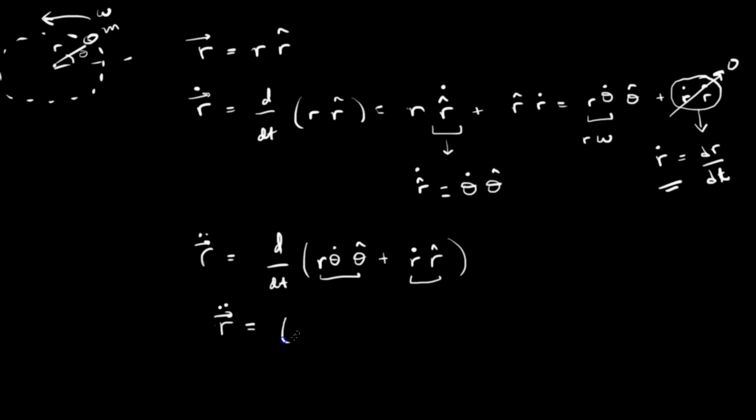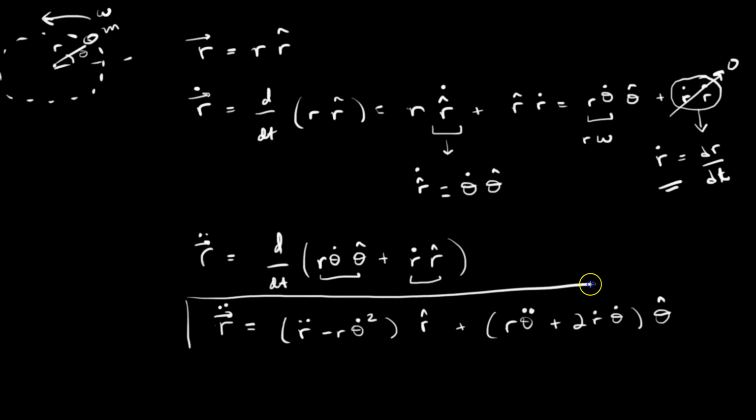We get r double dot minus r theta dot squared in the radial direction, sorry, r hat, plus r theta double dot plus 2 r dot theta dot in the theta direction.